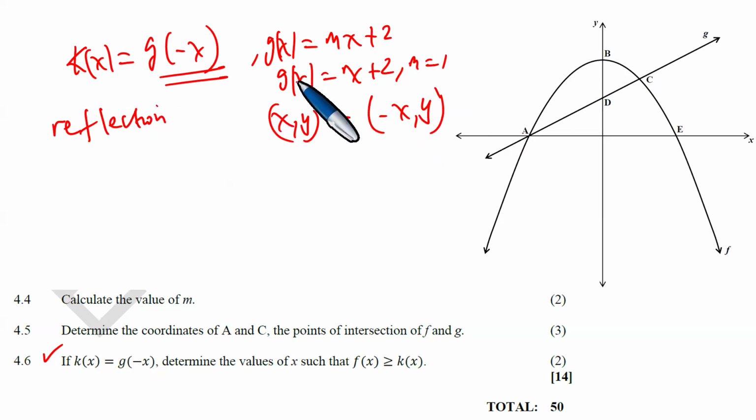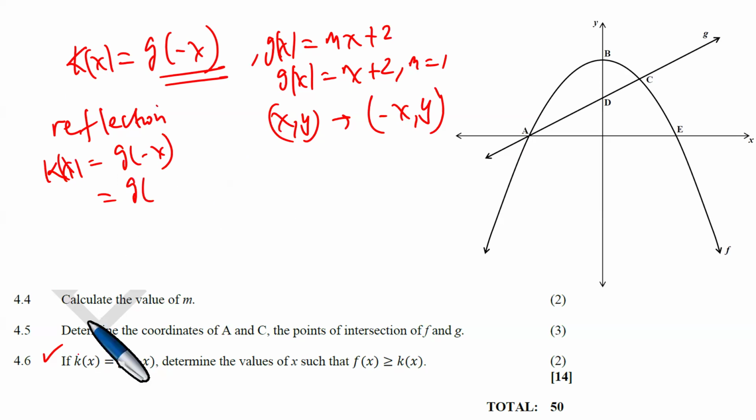So we have that k of x is g of minus x, but g of x is x plus 2, so this is going to be minus x plus 2. Just bring it down here.